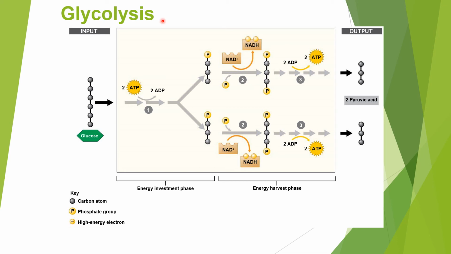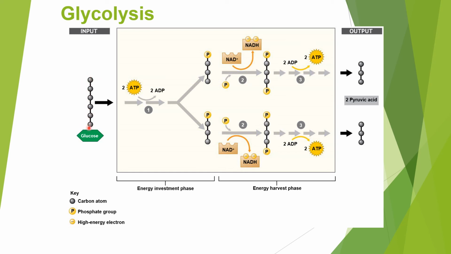Glycolysis takes place inside of the cell, specifically inside of the cell's cytoplasm. Glycolysis is anaerobic, meaning that it doesn't really need a lot of oxygen for glycolysis to take place. If we have a glucose molecule right here, and those are representing the carbons.